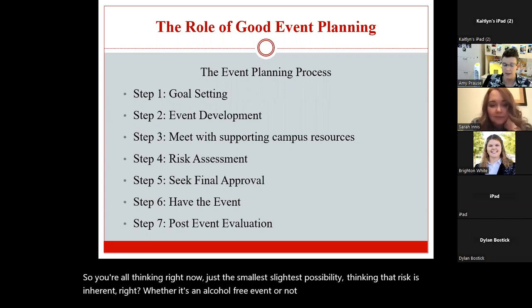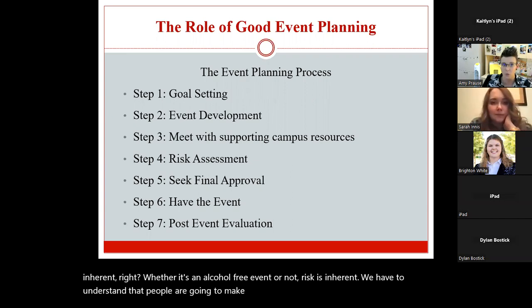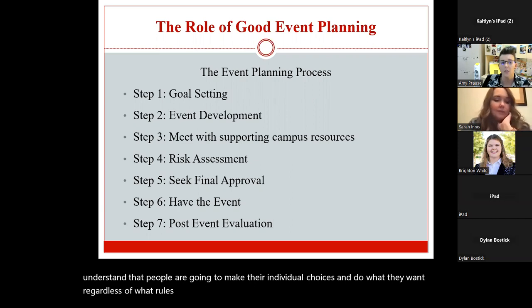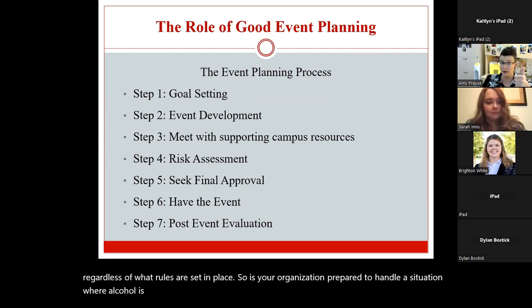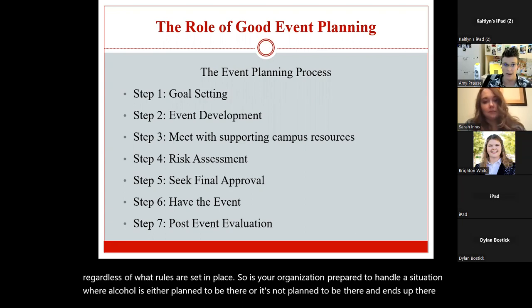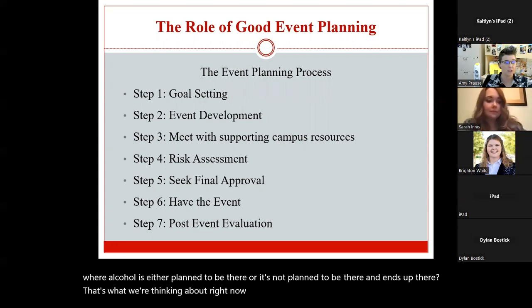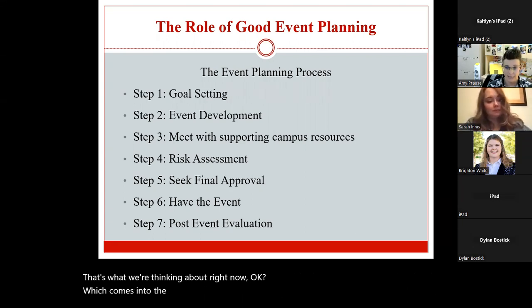We have to understand that people are going to make their individual choices and do what they want, regardless of what rules are set in place. So is your organization prepared to handle a situation where alcohol is either planned to be there or it's not planned to be there and ends up there? That's what we're thinking about right now, which comes into the role of good event planning.